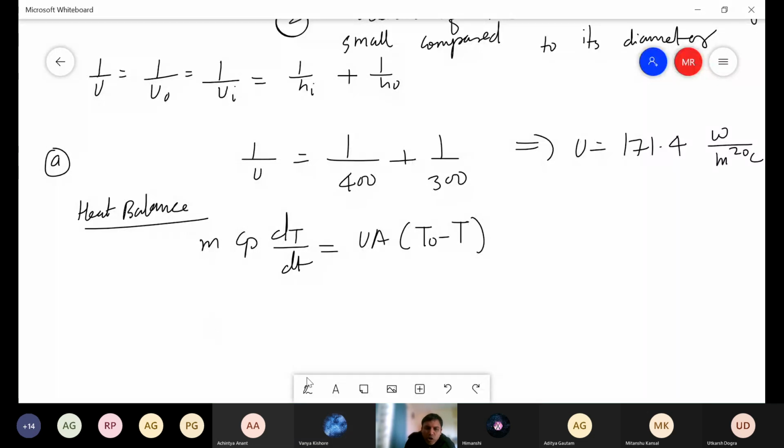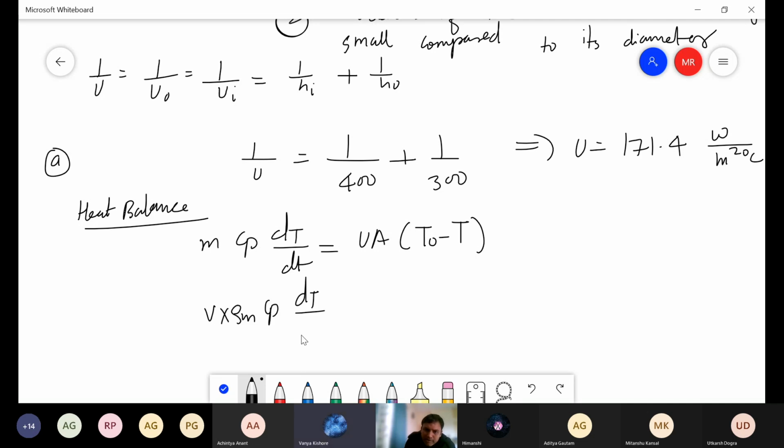Mass of the monomer will be volume of the monomer times its density rho m, times Cp dT/dt, isn't it? And that will be U, we have already calculated, that is 17. Okay, maybe we just keep it in terms of UA (T naught minus T), isn't it? Yes, sir. Correct.